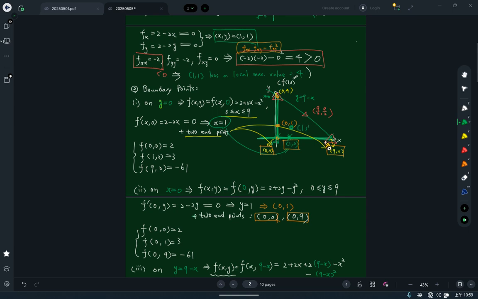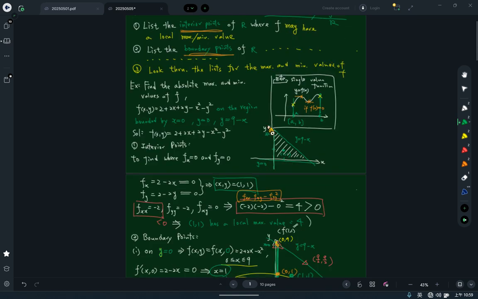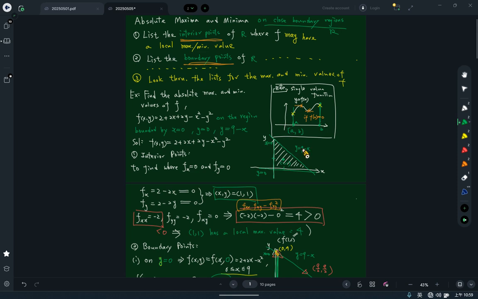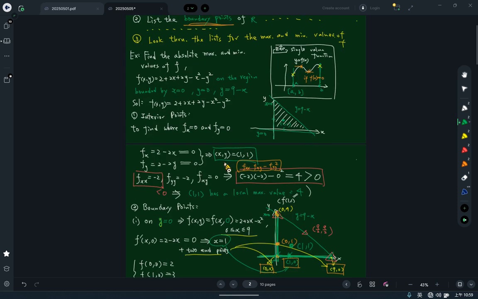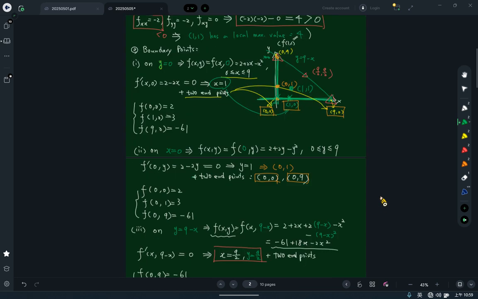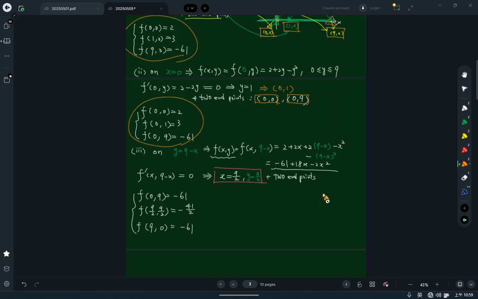This is (1, 1), coming from here. In this case, f(1, 1) is 4, right? So we need to check 4, then this, and also this.